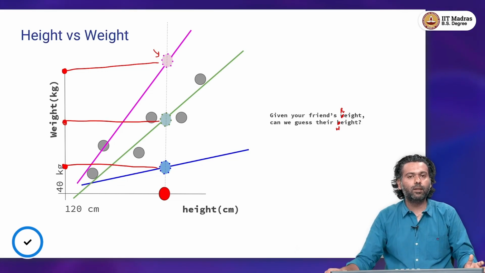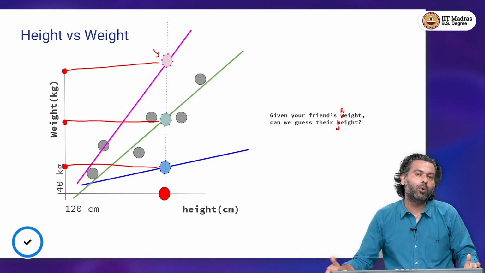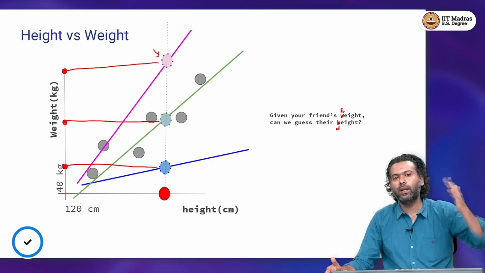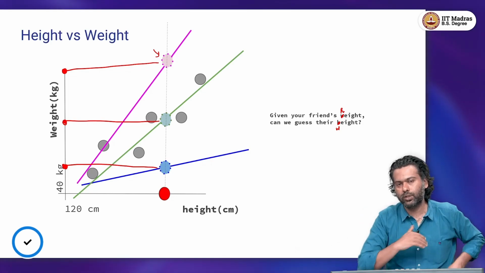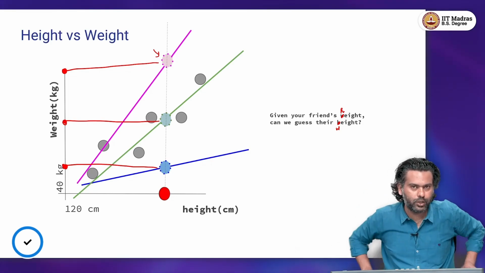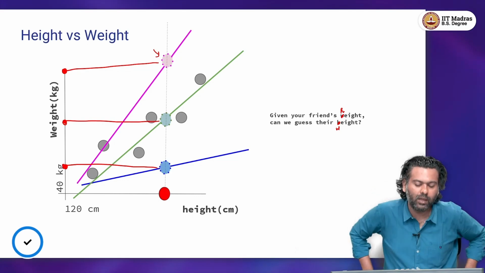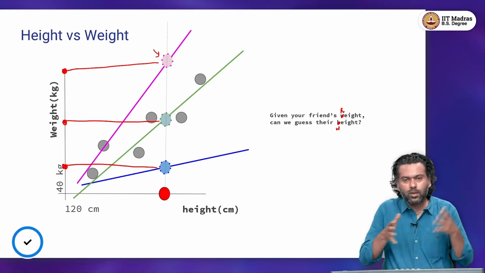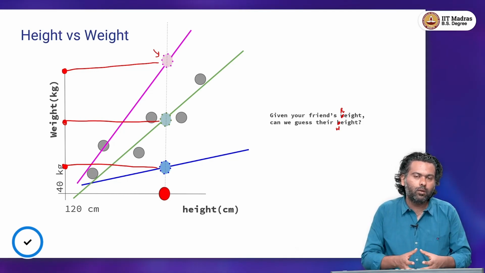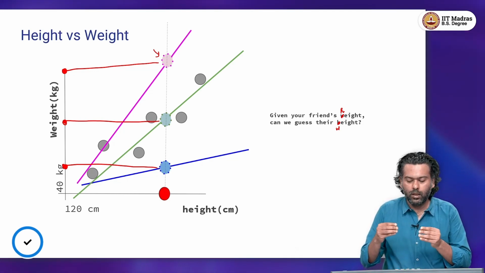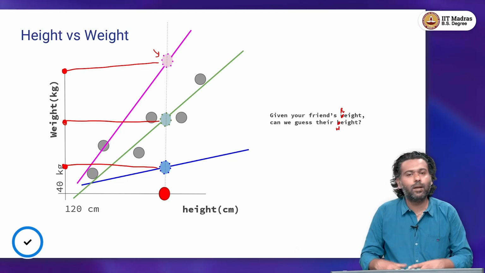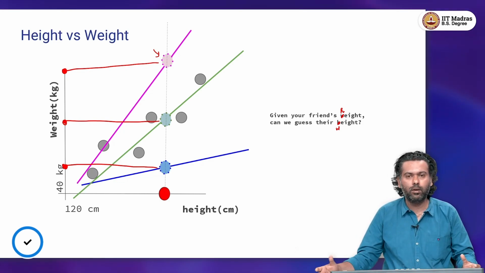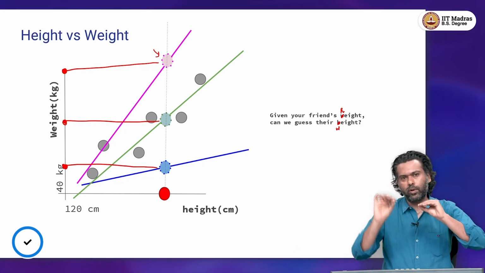The question is, I have hypothesized that the relation between weight and height is a linear relationship, that is, a line captures this relationship. Of course, I have agreed that because of different upbringing, different things that you ate, different places you were born in and raised, there might be small differences.